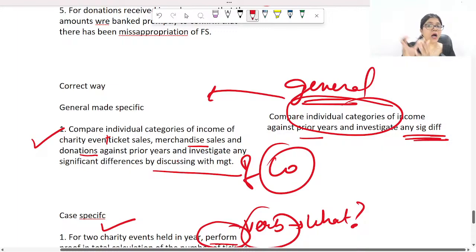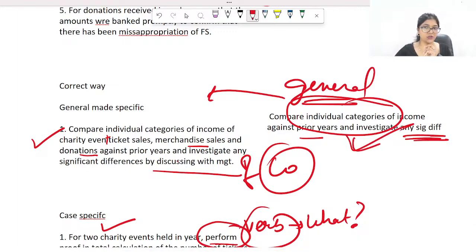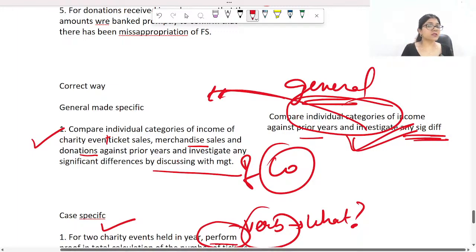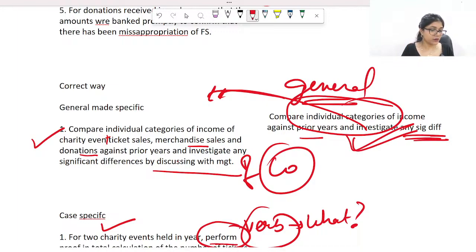So do you see how we make a general substantive procedure case specific? You would have learned this kind of procedure, but this same one we have made case specific by using the case. Do you understand this? How do we make them case specific? Was it easy? Quickly let me know guys if this was easy.